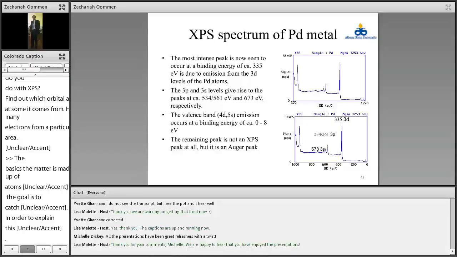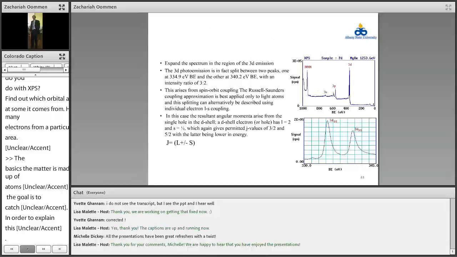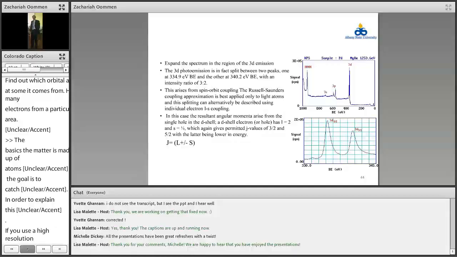So this 3d is the 3d electron emission of the palladium metal, occurring around 335 eV. And you can also have electrons from 3s and 3p at a slightly higher energy level. And if you use a higher resolution spectrum of 3d, you can see that this 3d is again split into 3d 5/2 and 3d 3/2.